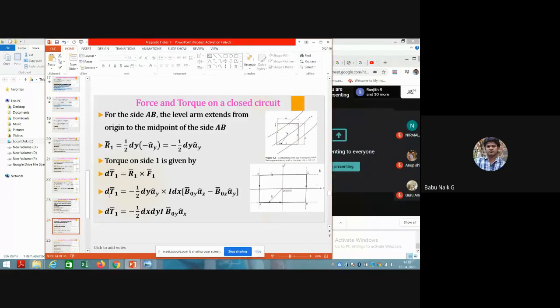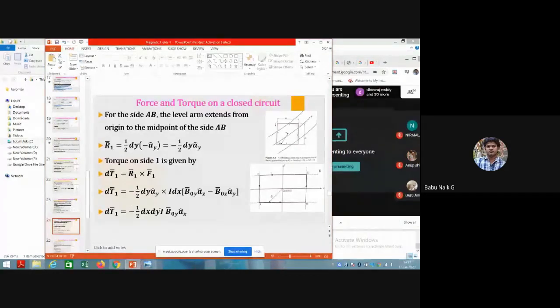So the torque dT1 is equal to R1, which is minus half dy A cap y, cross F1, which we calculated as I dx (B bar y naught A cap z minus B bar z naught A cap y). Now, taking the cross multiplication, half dx dy and I are constants, so we can take them out.